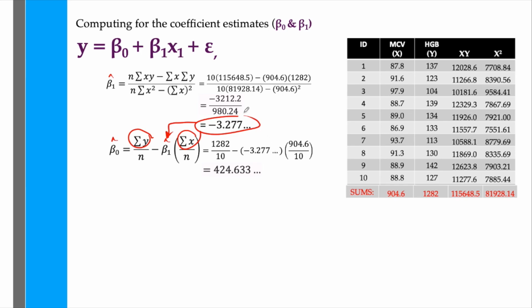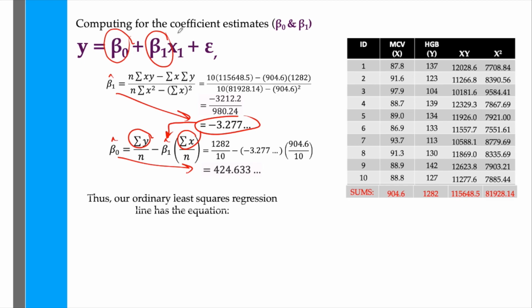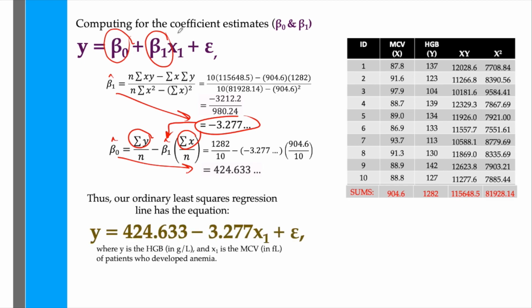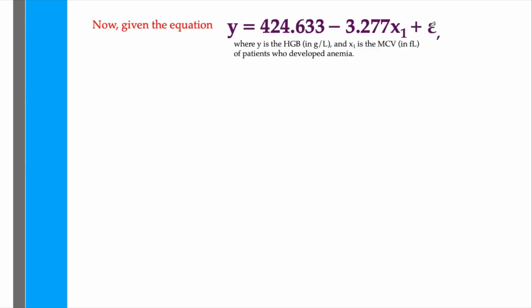Now, given these values, since this is your beta sub 1 estimate and this is your beta sub 0 estimate, then those will be the values in the equation, which forms the linear equation y equals 424.633 plus negative 3.277 x sub 1, in which y here again is your hemoglobin and x sub 1 is your MCV.